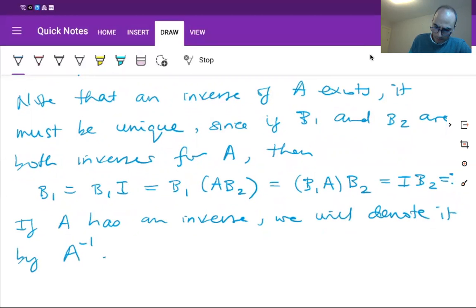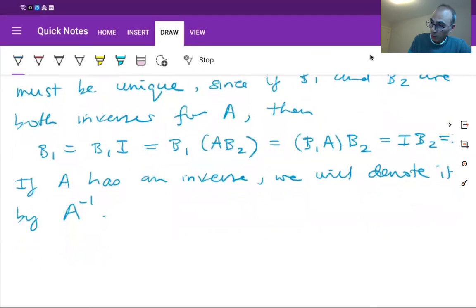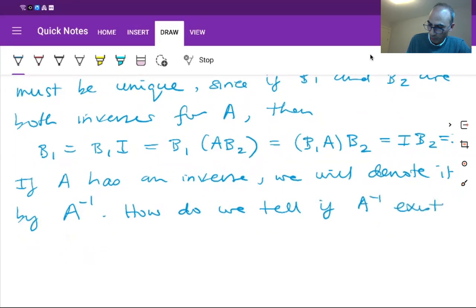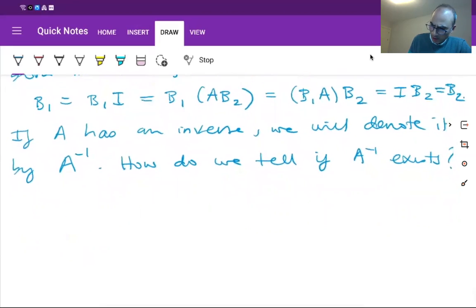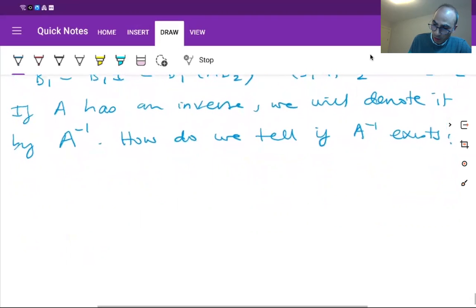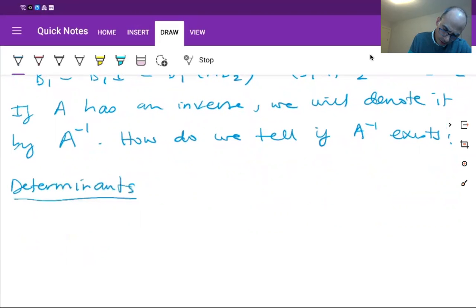Okay, and the question is, how do we tell if the inverse exists? The standard way is by considering determinants. Let me say a few words about these.